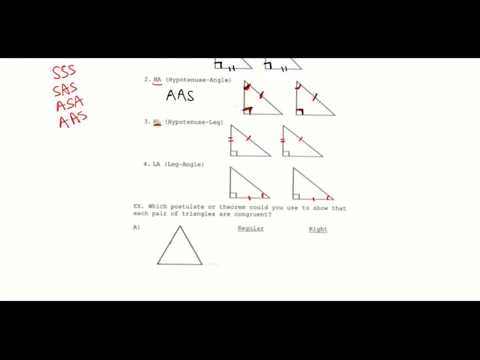So here, if you look at our 4 options, this one could also be our angle, side, angle, because our 90 degrees says right away that they are congruent. So either one, you can use leg angle or angle, side, angle in this case to prove that they are congruent. So now let's look at some examples.